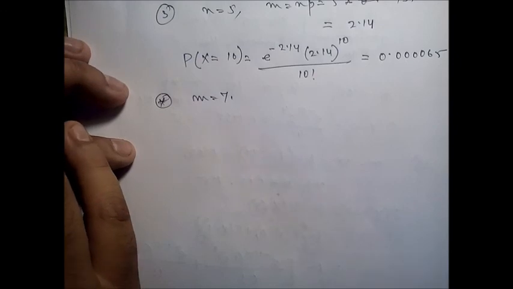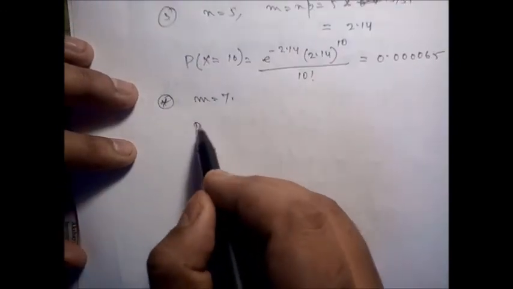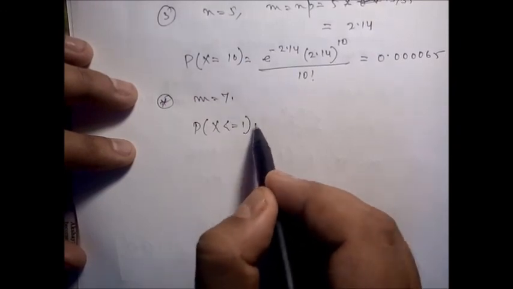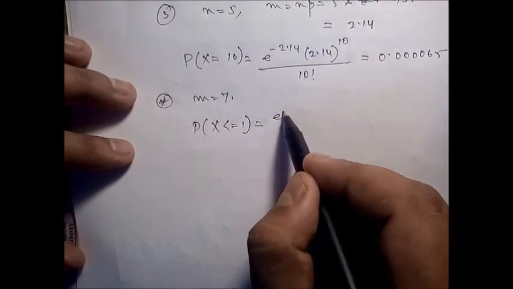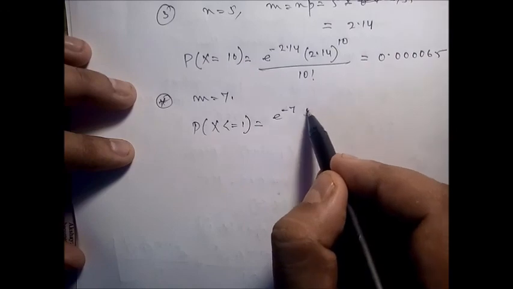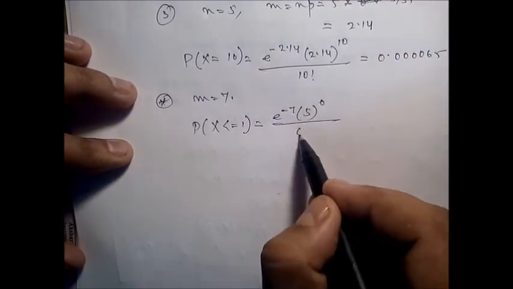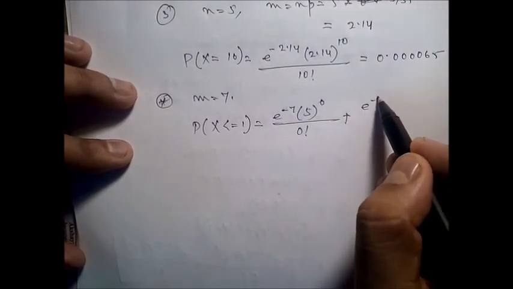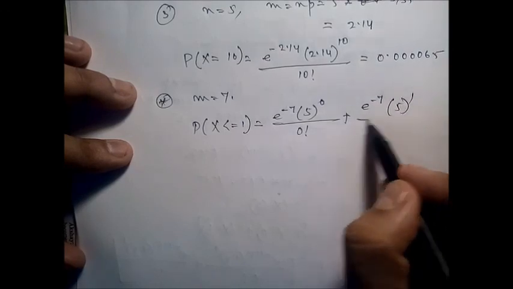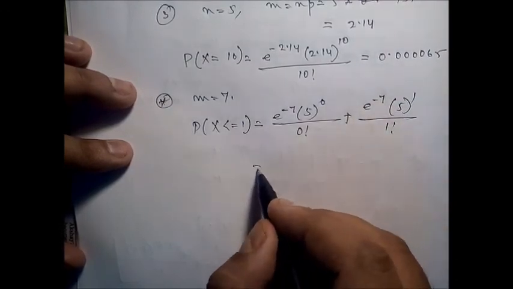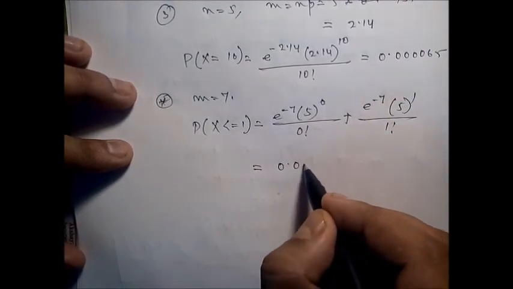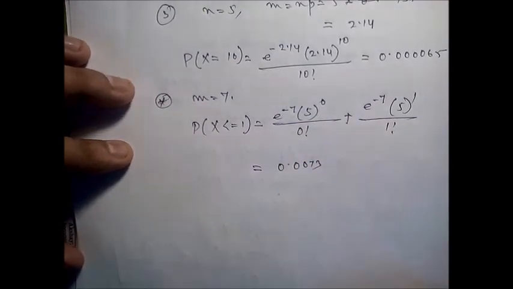Tourists will see less than 2 tigers means x is less than or equal to 1. So e to the power minus 7, 7 to the power 0 by 0 factorial plus e to the power minus 7, 7 to the power 1 by 1 factorial. Okay, and the answer is 0.0070.